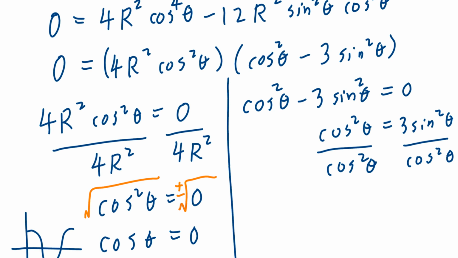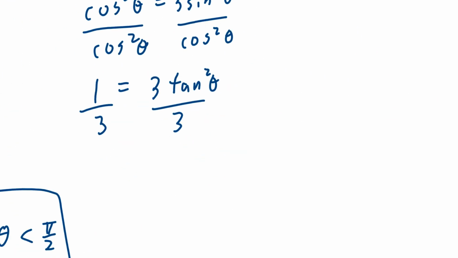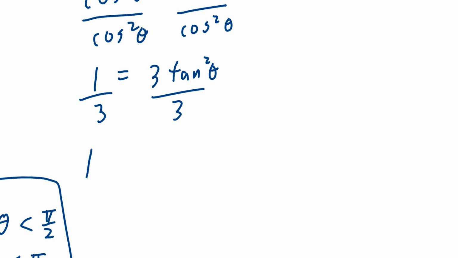This means 1 equals 3 tan squared theta. I can also divide everything by 3. This means, and I'll zoom in for you, that tan squared theta equals 1 divided by 3.